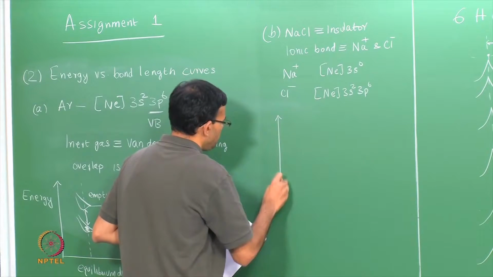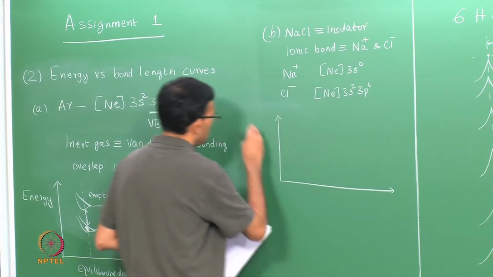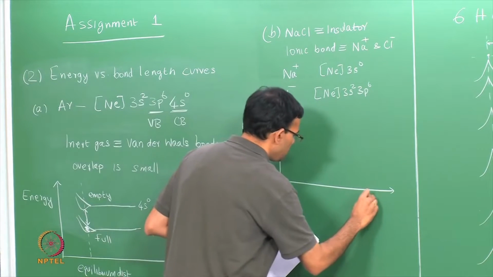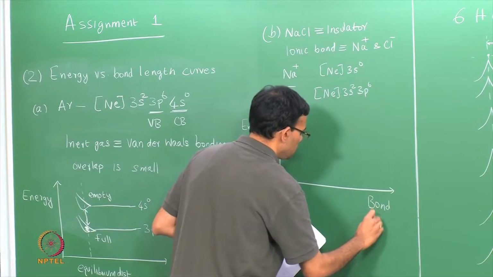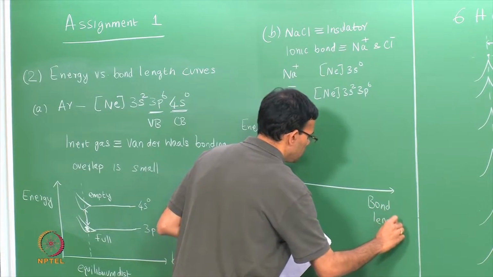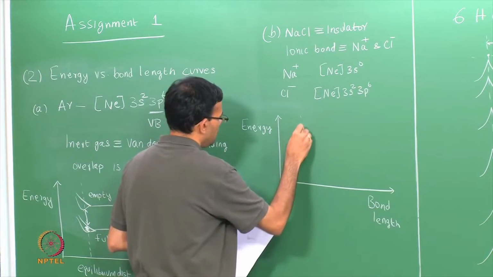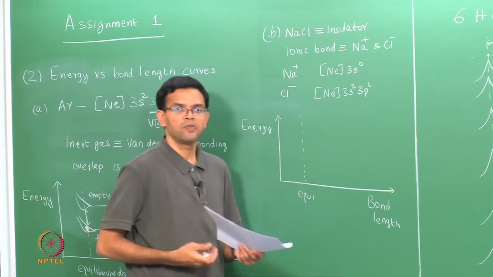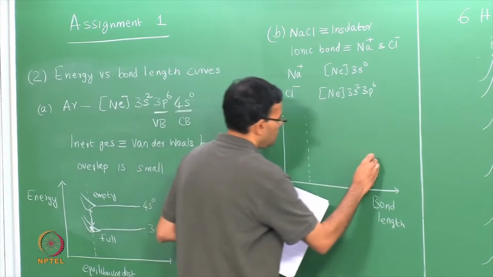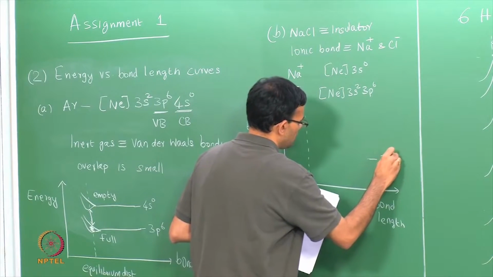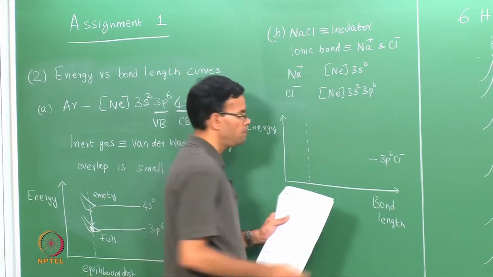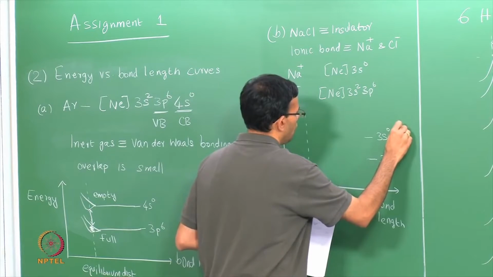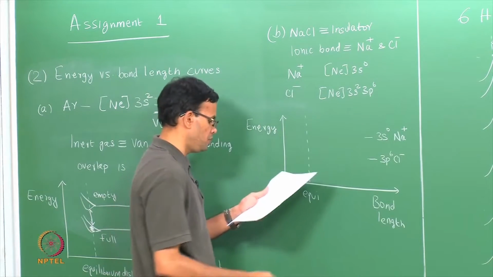So, we can draw again energy versus bond length. This is an equilibrium distance. I will just say equi to mean equilibrium distance. So, I have the 3p6 of chlorine, which is full, and I have the 3s0 of sodium, that is empty.